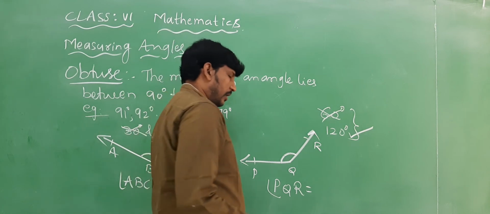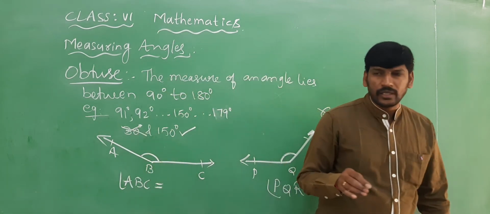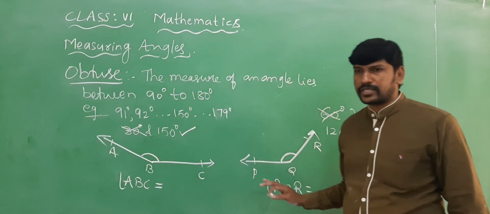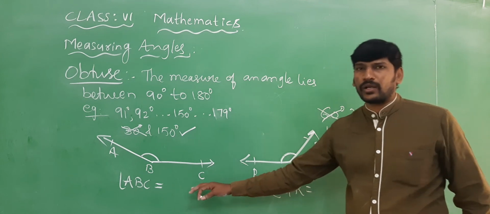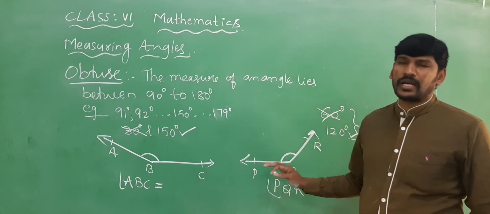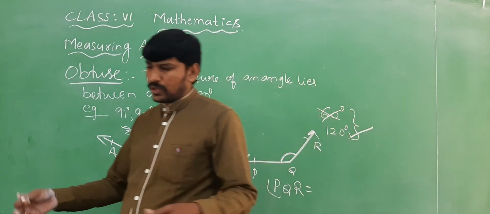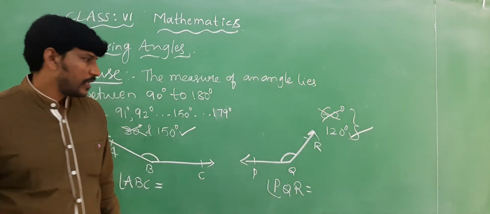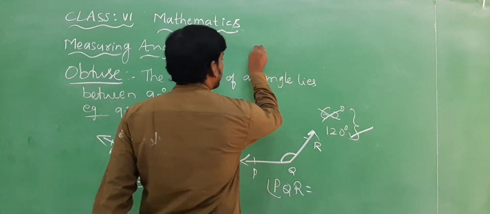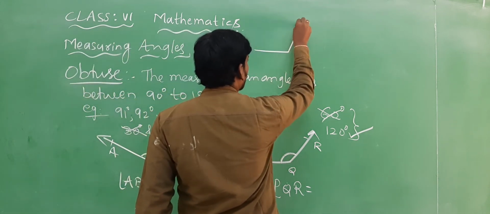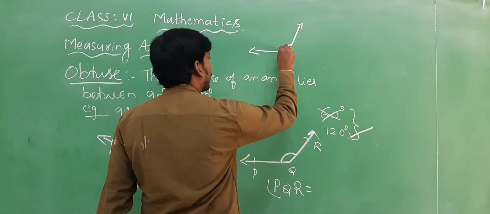Children, you have to remember that compulsorily. Whenever you get these types of figures, you can immediately recall that these two types of figures are showing more than 90 degrees. That is the obtuse angle. Not only like this, children. See this here, even this is also an obtuse angle.